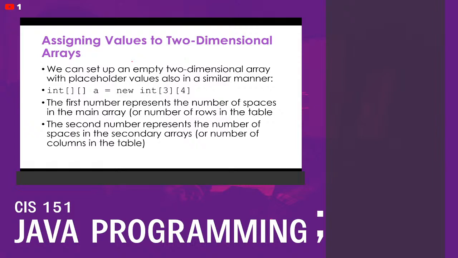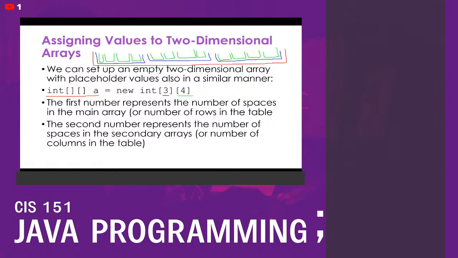So if we were to visualize this, we would have one big container, which is our integer array, three smaller containers inside of that, and then 4 subcontainers inside of each of those containers. It would look something like this.